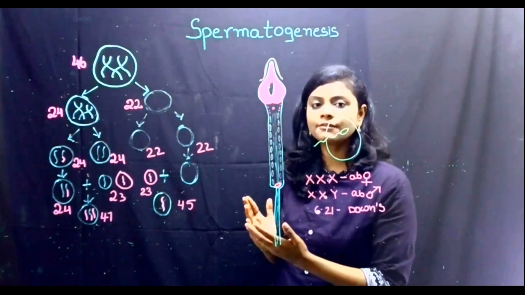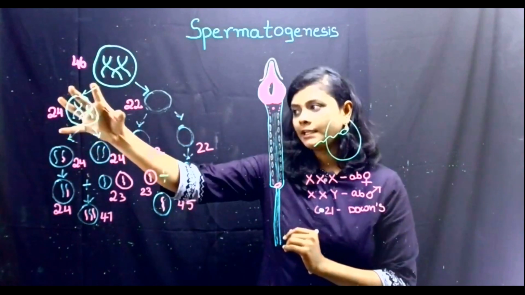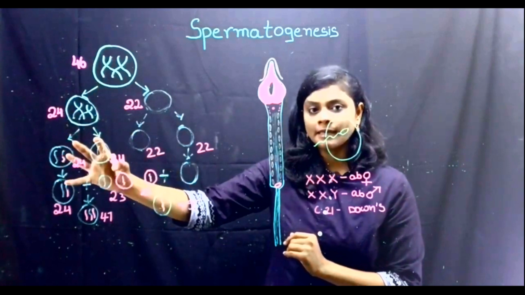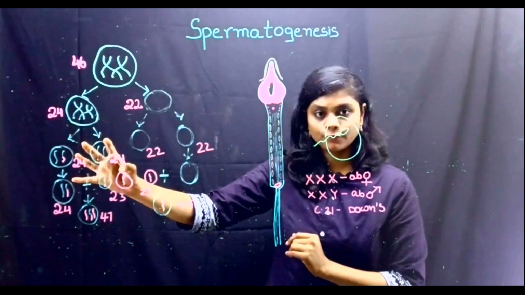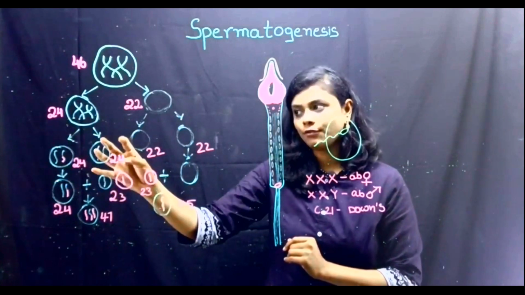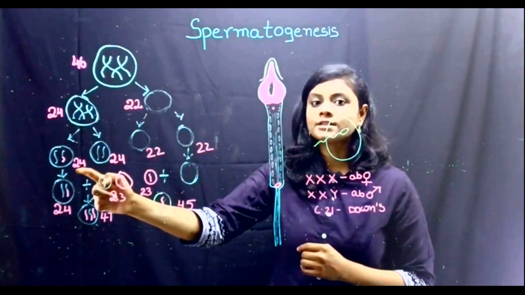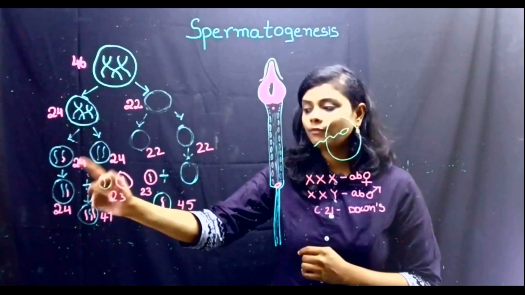So what happens if there is an abnormal number of chromosomes? With this 24, they undergo the second meiotic division. There will be no reduction of chromosome number as usual. So there will be 24 and 24, 22 and 22 here. One extra chromosome is always present in this type of division.